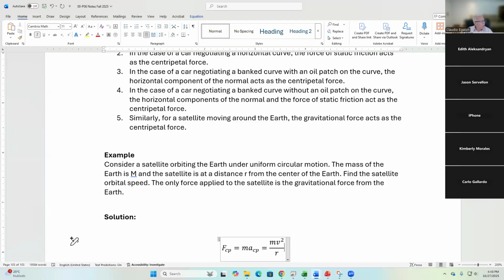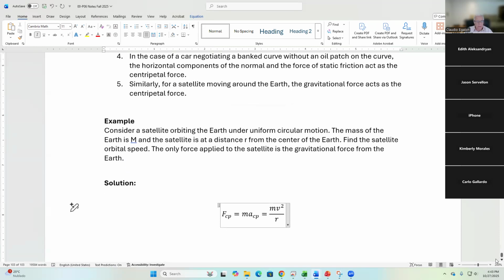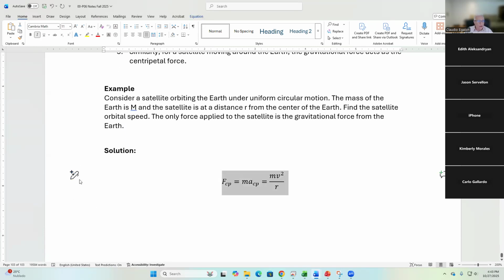7 minutes to go. The only force acting on the satellite is the force of gravity. Consequently, the centripetal force is going to be equal to the force of gravity. That's going to be big G, m1, m2 over r squared.